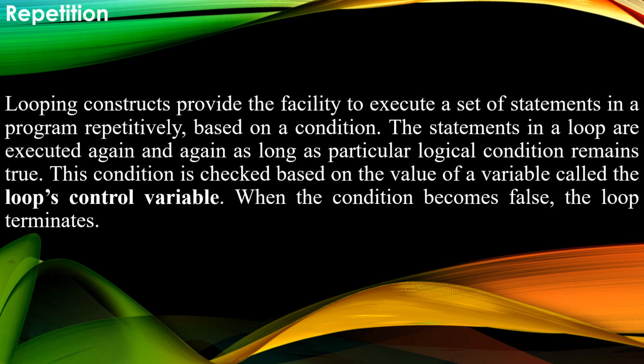When the condition becomes false, the loop terminates. If it is true, it executes, and again it checks the condition. If it is true, again it executes. This is performed repeatedly, and when the condition becomes false, the loop terminates.